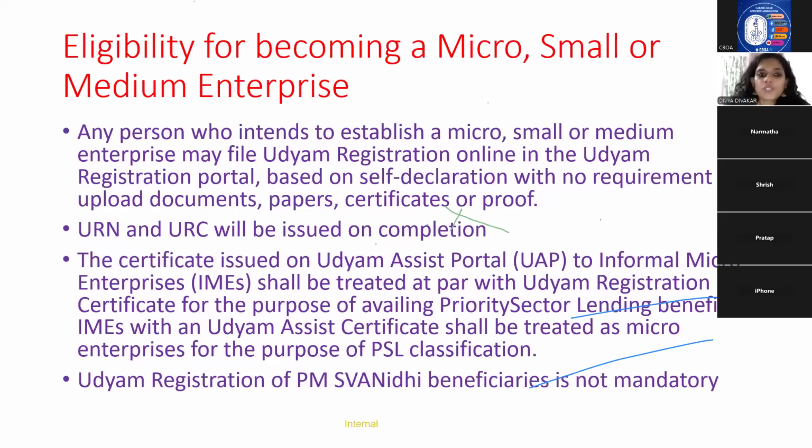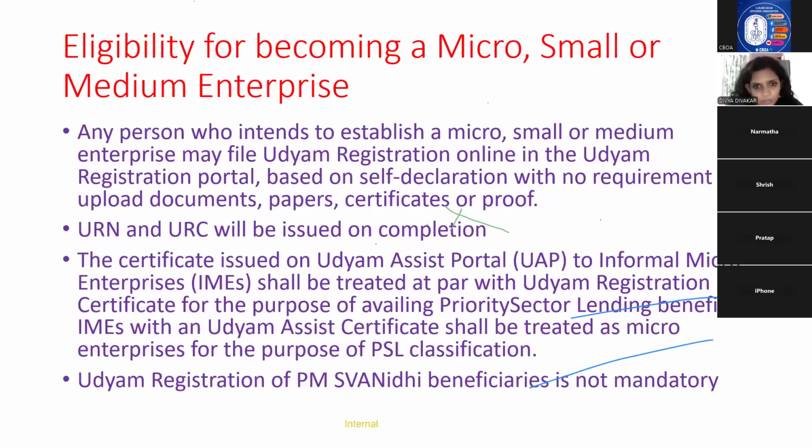This certificate is also issued on the Udyam Assist portal. For informal micro enterprises, if the certificate is issued by the Udyam Assist portal, that will also be treated at par with the Udyam registration certificate for the purpose of availing priority sector lending benefits.